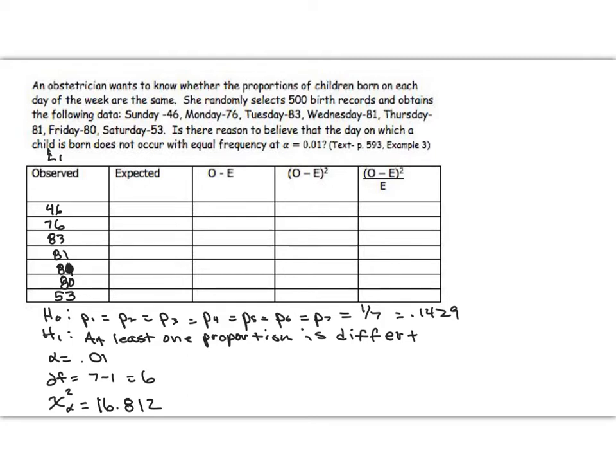My expected value is, if my proportion were 1 over 7, the value I would expect to get if I would expect 1 in 7 births to be on Monday, Tuesday, Wednesday, on each of those days. So I could calculate each one individually, but it's like 500 times 1 over 7.